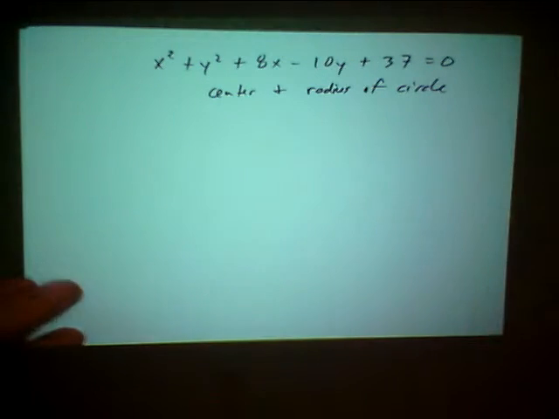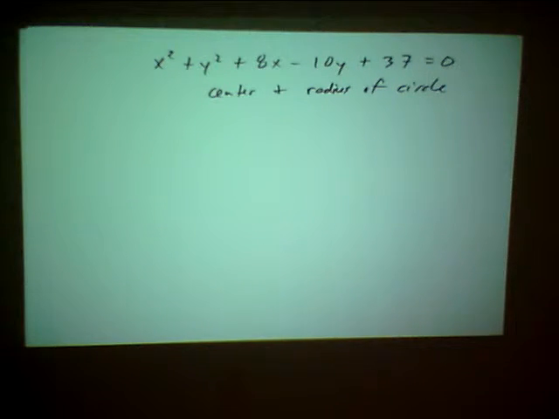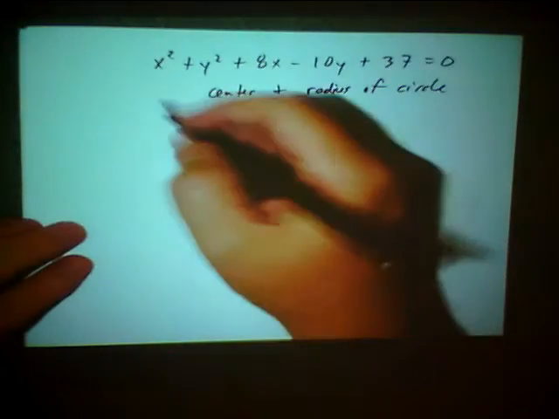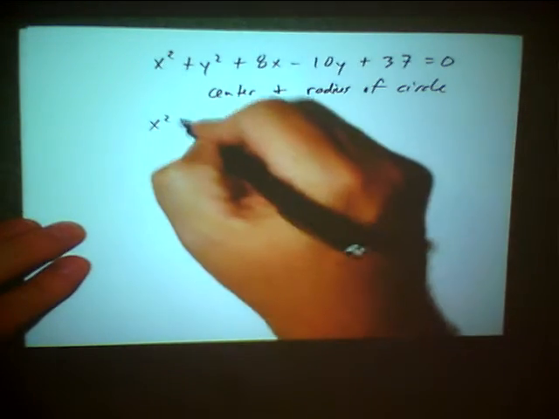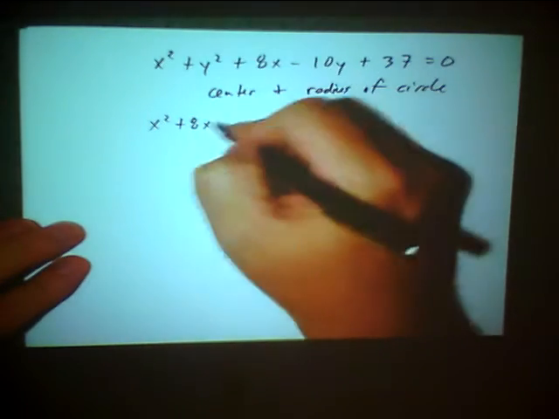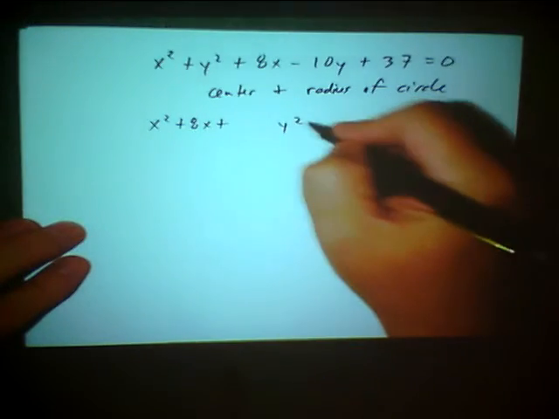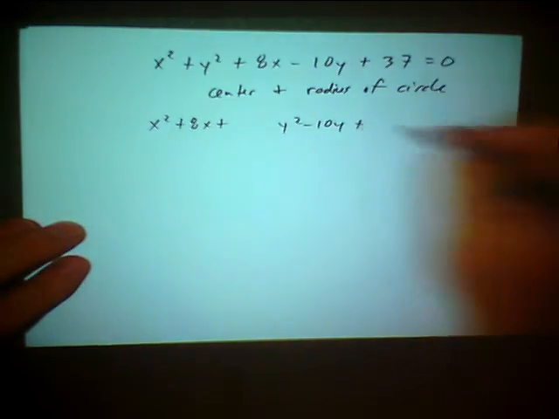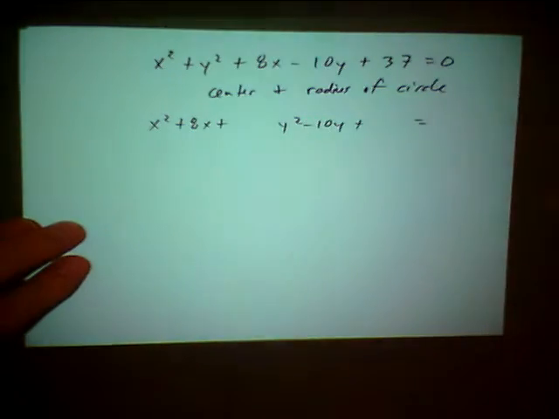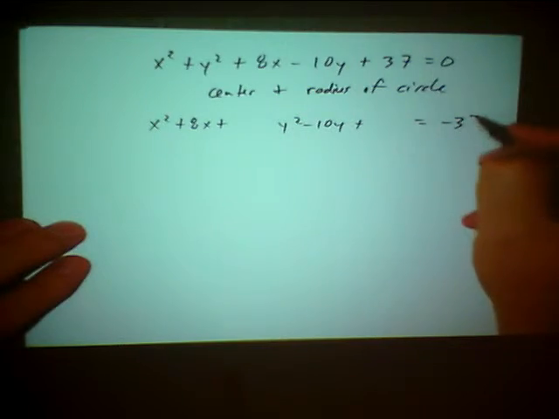This, once again, is the equation of a circle. So I'm going to put things in the proper order. I'll leave my blank here. Now here are my y's: y squared minus 10y. And I'll move the number to the right-hand side, so it's negative 37.